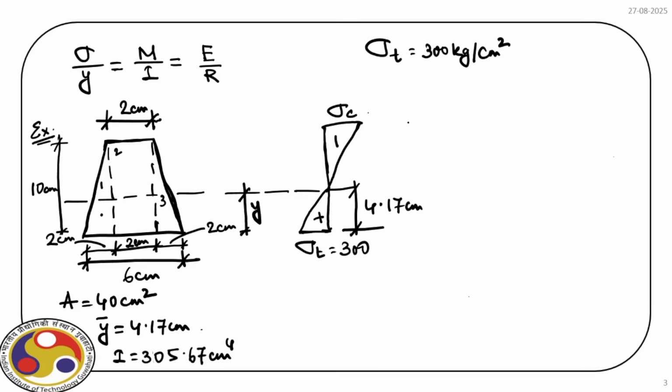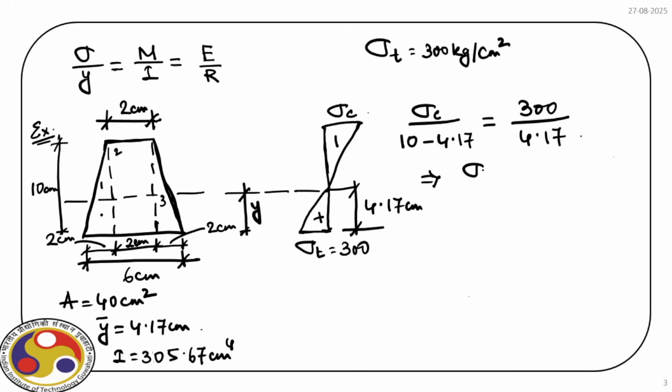Therefore, sigma C divided by the total depth of the cross section, 10 minus 4.17, is equal to sigma T, which is 300, divided by 4.17.